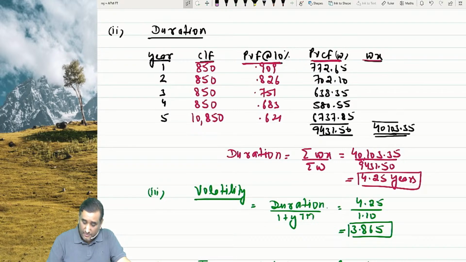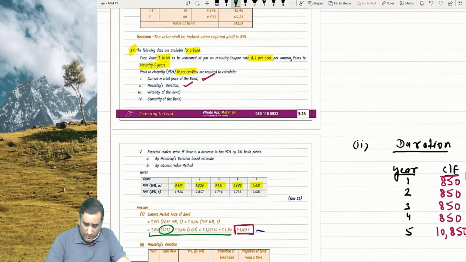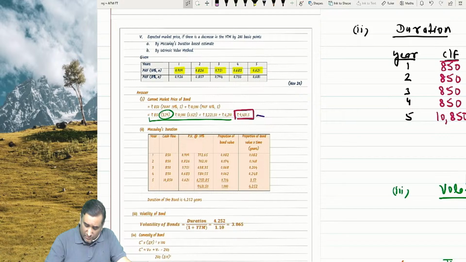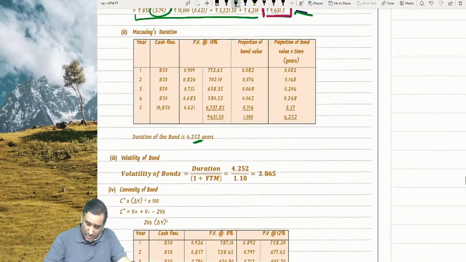How many decimals have they used? First they used 1 decimal, then they used 3.